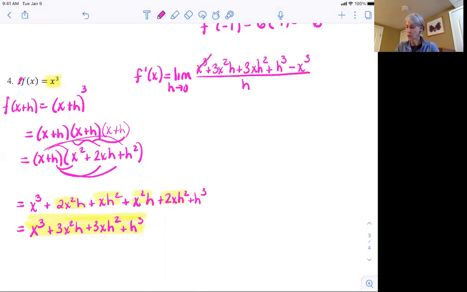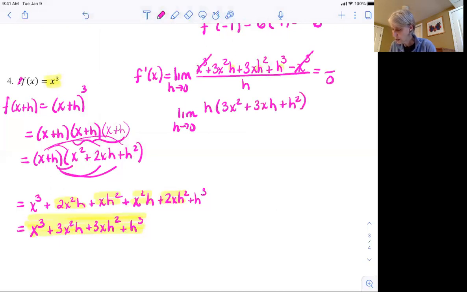I'm going to cancel my x cubes, right? Because I know I'm going to get a 0 on the bottom. I have to clean up the top. The limit as h approaches 0. And if I notice here, I'm going to have an h in each term. So I might as well just factor that out right now. 3x squared plus 3xh plus h squared all over h. My h's cancel. My limit as h approaches 0 of 3x squared plus 3xh plus h squared.